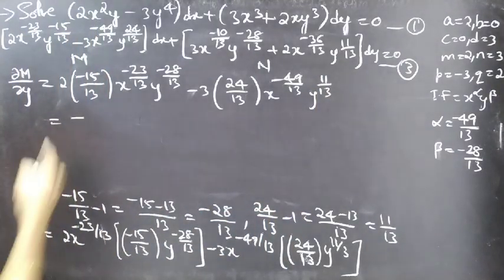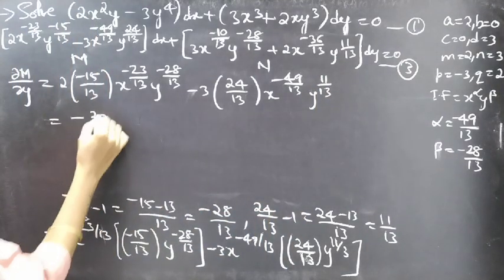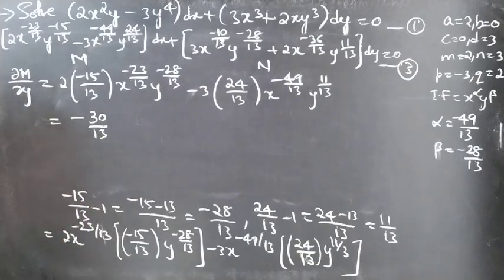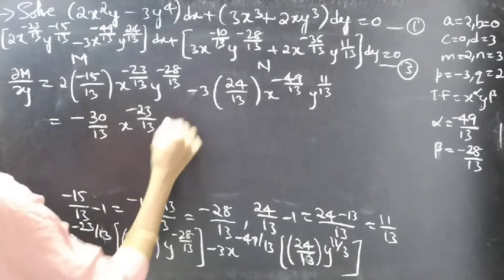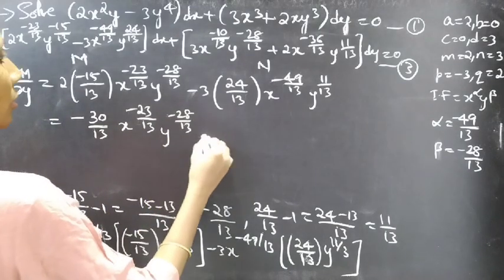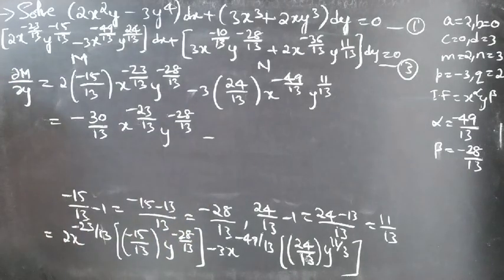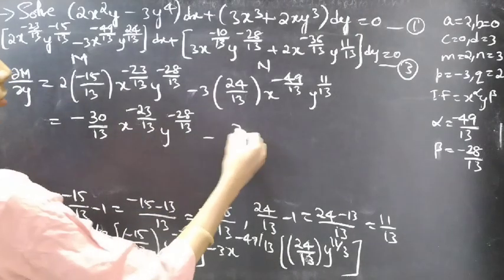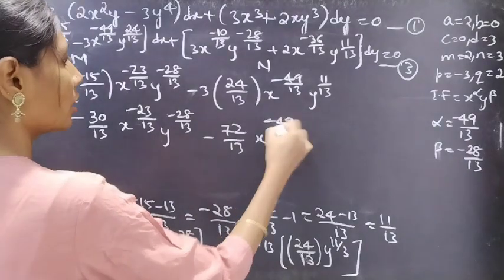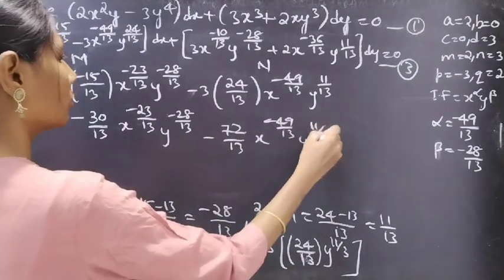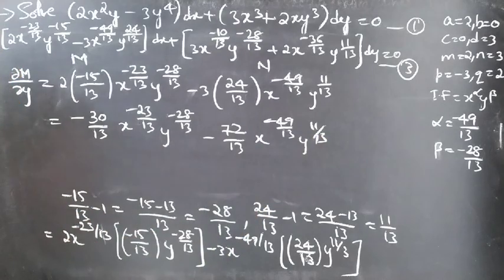This gives us minus 2 15s 30 by 13 into x power minus 23 by 13, y power minus 28 by 13, minus 3 into 24, 72 by 13, x power minus 49 by 13 into y power 11 by 13. So this is the partial derivative with respect to y, result obtained from dou m by dou y.